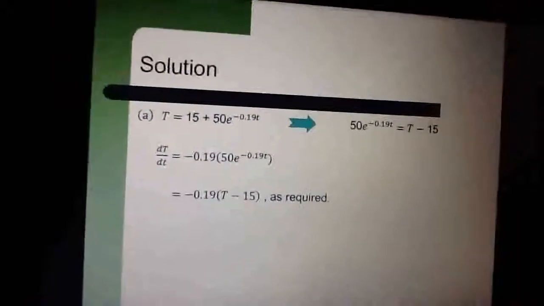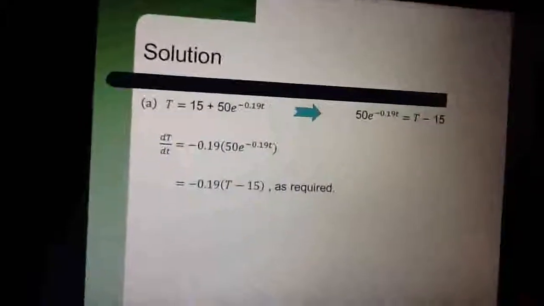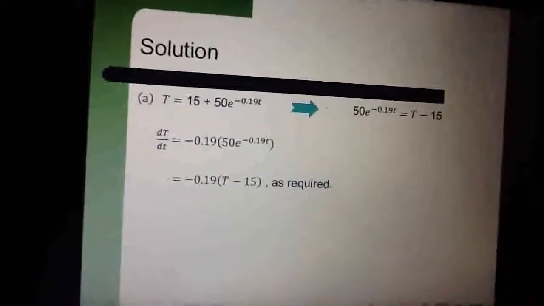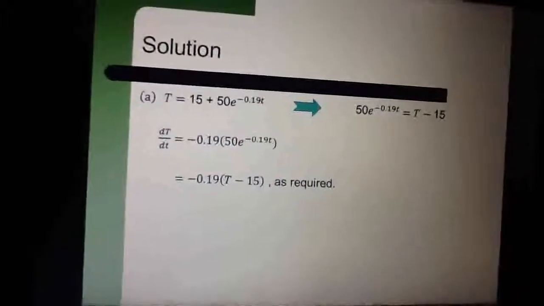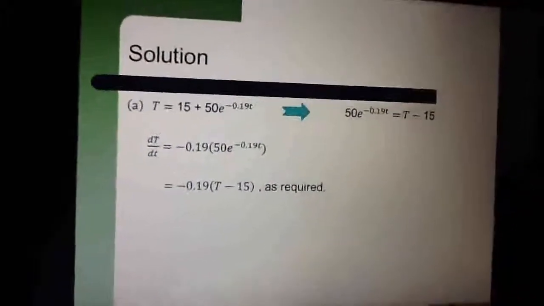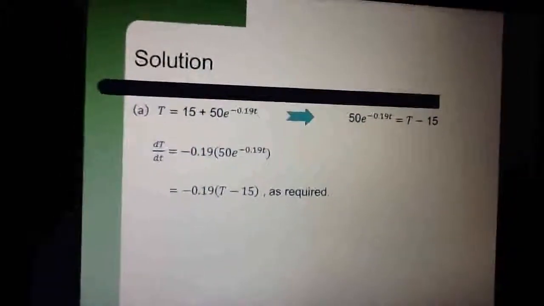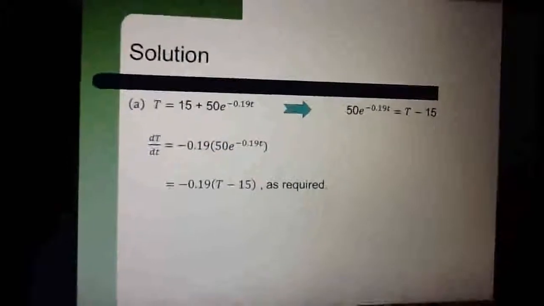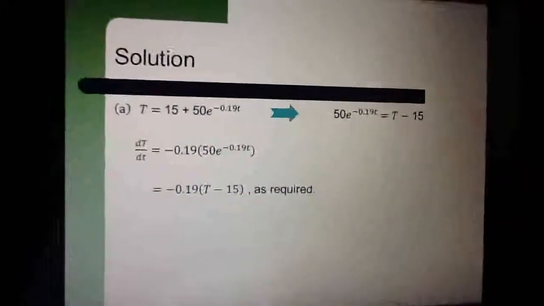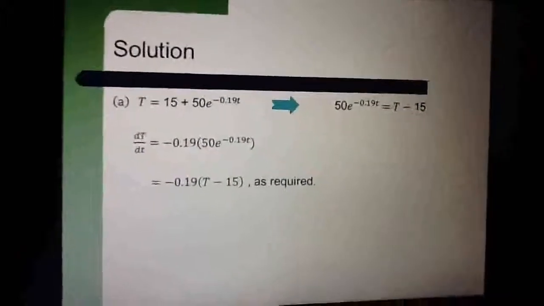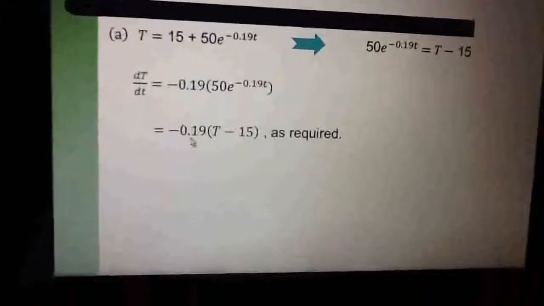From the initial equation that we have, T equals 15 plus 50 e to the power of negative 0.19 t, we get 50 e to the power of negative 0.19 t equals T minus 15. Use this information and we get the expression as required.